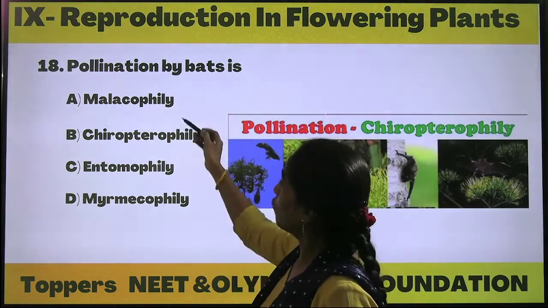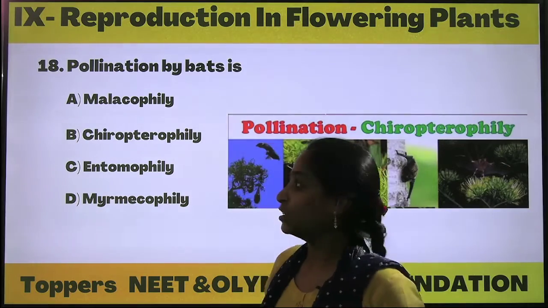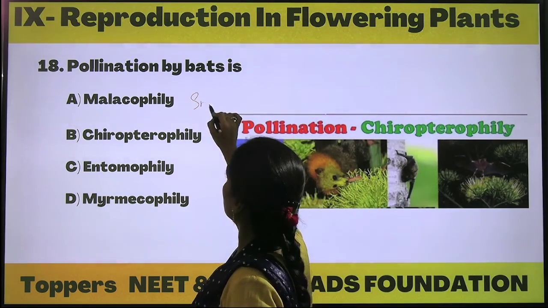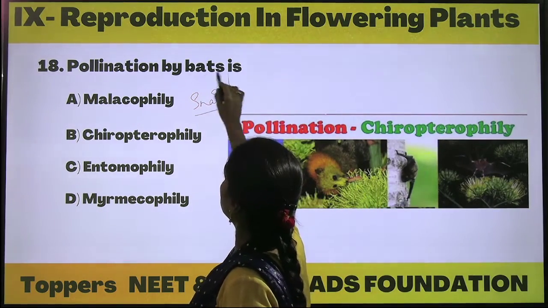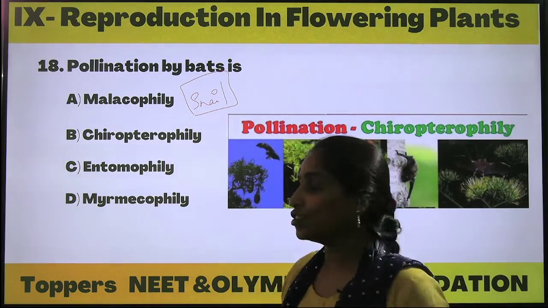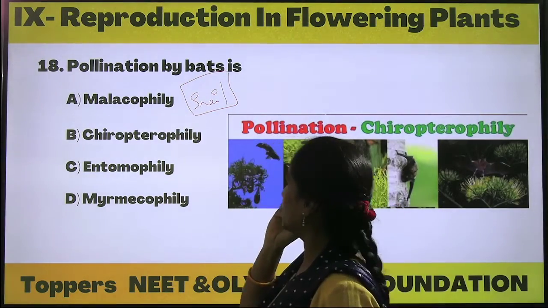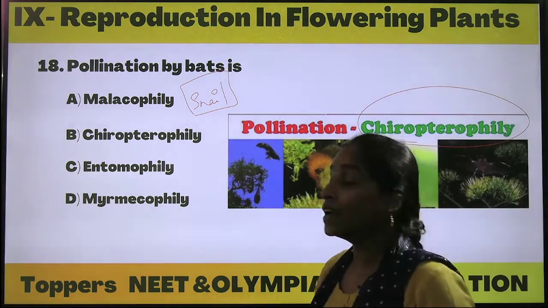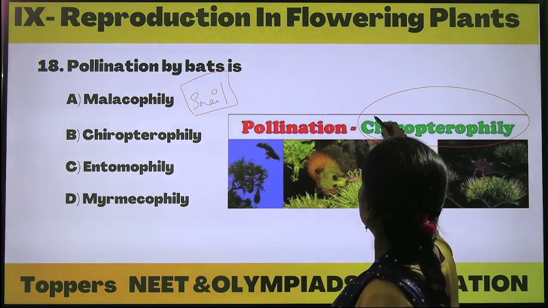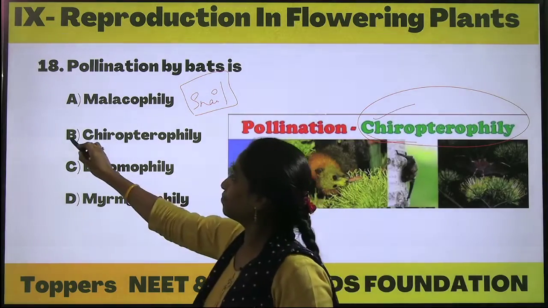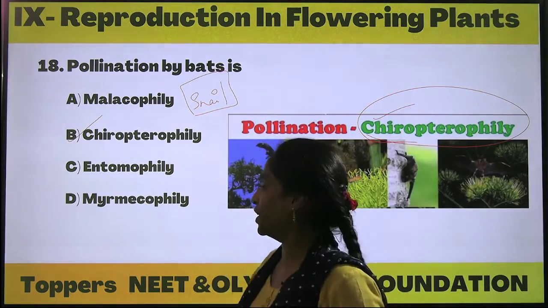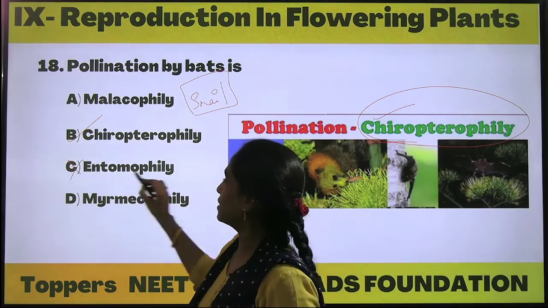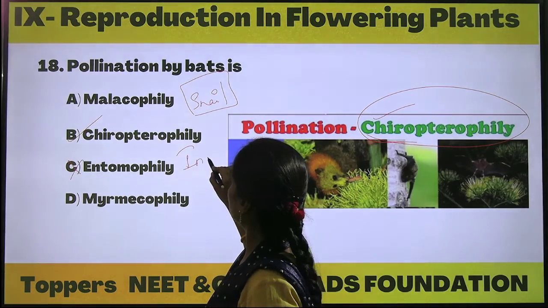What is malacophily? It is pollination through snails, as the word itself indicates. Chiropterophily is the pollination by bats, so option B is the correct option. Entomophily, through insects, is the wrong option.